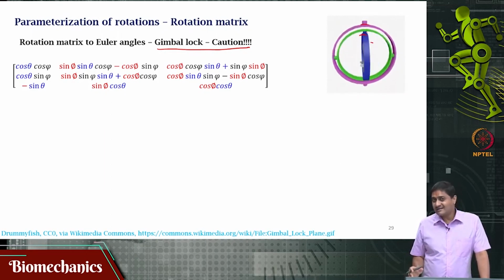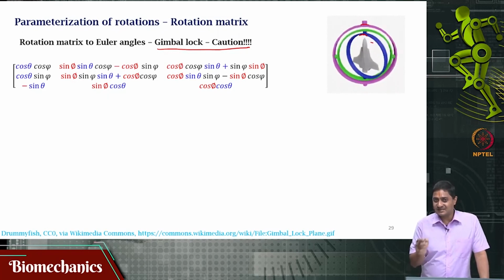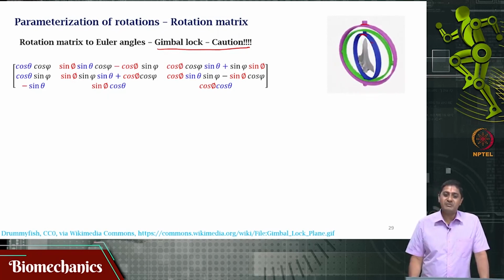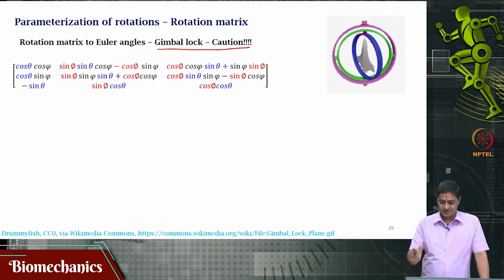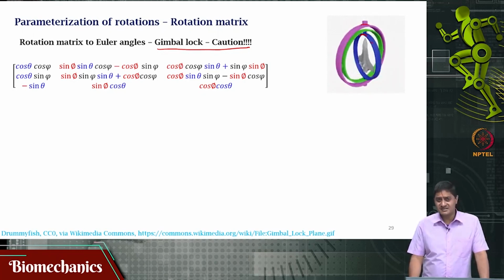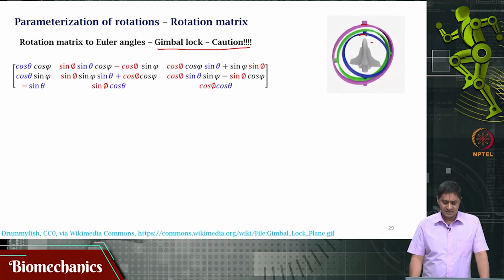It is not like there is a physical lock happening, but the measurement will no longer be uniquely represented. There are some measurement issues that come into this picture. We will discuss this in much greater detail in future.